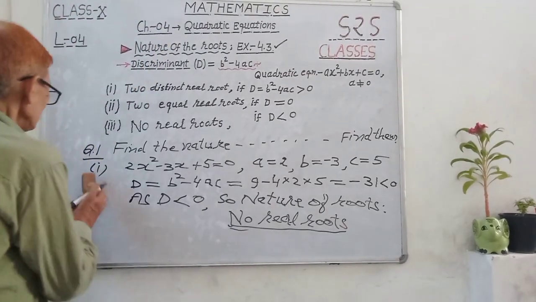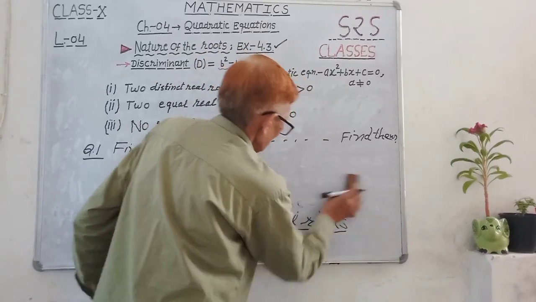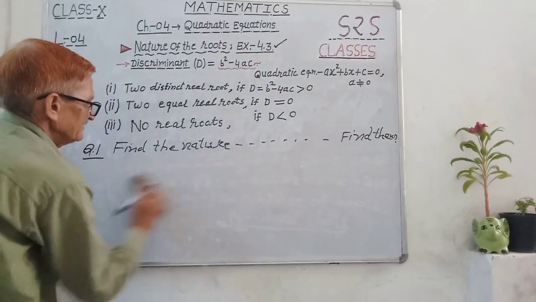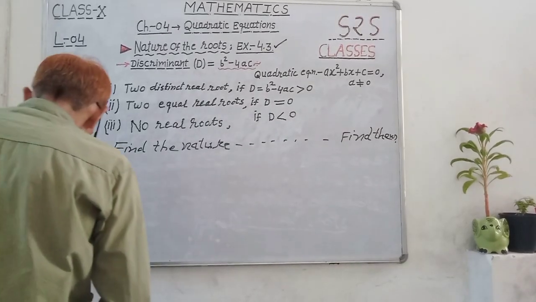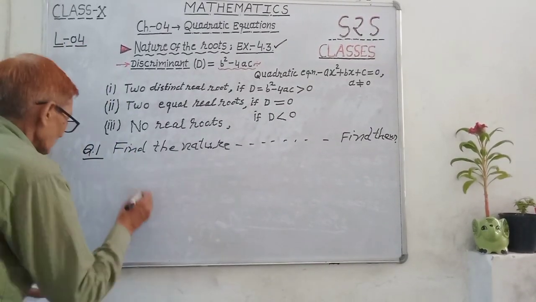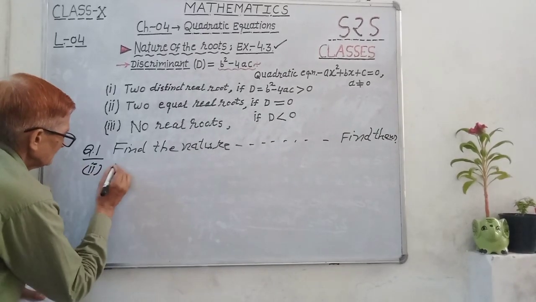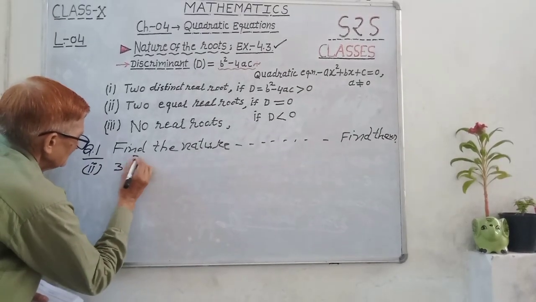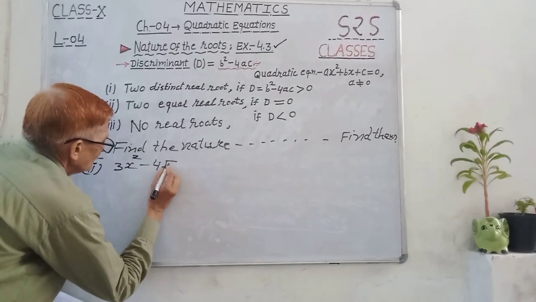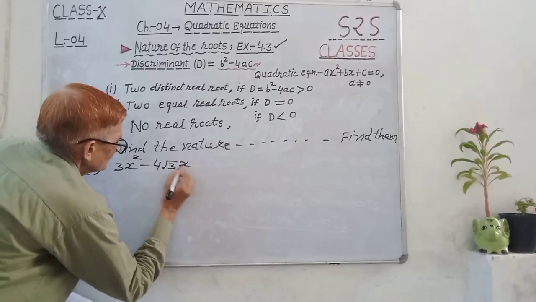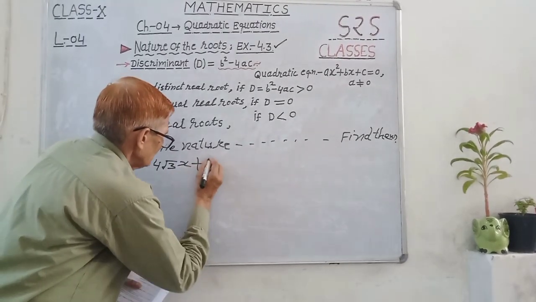Now the second part. You can see what the second part is in question number 1. The second part is 3x square minus 4 root 3x plus 4 equal to 0.